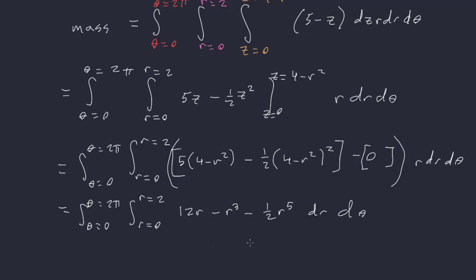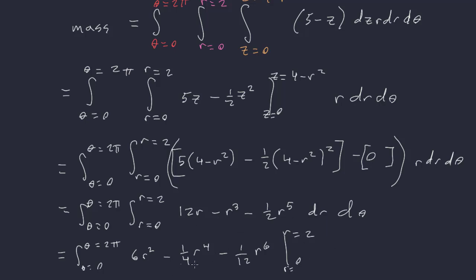At this point, this is just going to be like a Cal 1 problem. So here we'll get 6r squared minus 1/4 r to the 4th minus 1/12 r to the 6th, and we'll evaluate this from r equals 0 to r equals 2.